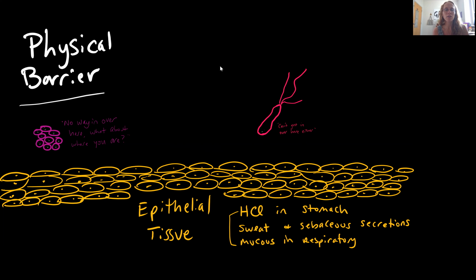We see that very often your physical barriers are epithelial tissues, either lining the outside or the inside of the body. And we see too that a lot of times they involve some kind of secretion. With your cutaneous membrane, you have some antibacterial properties of your sweat secretions and your sebum. Also, it's making a watery surface, so the pathogens have a hard time adhering.